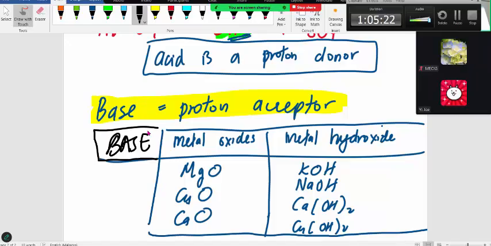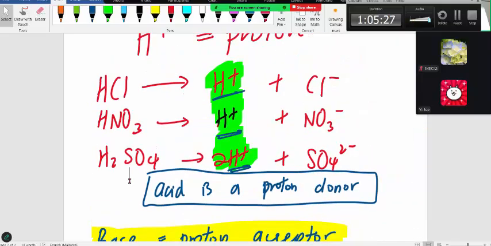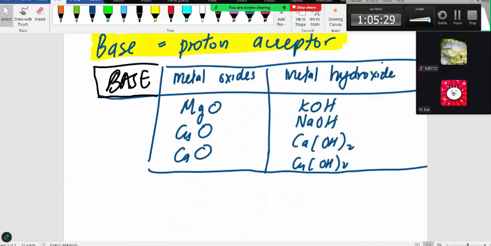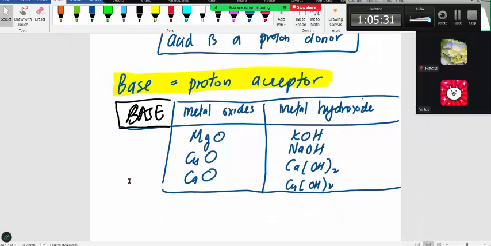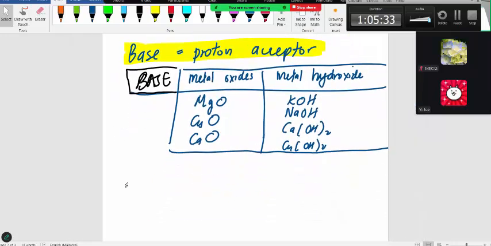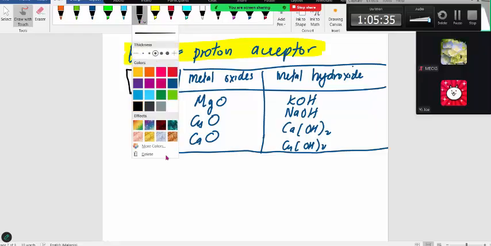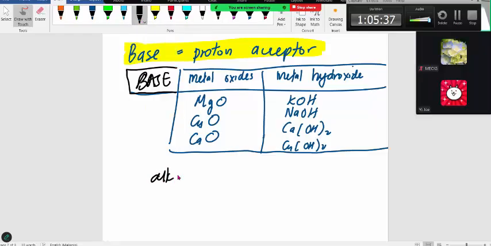Okay. Then Sheldon asked a very important question. What's an alkali? Alkali is a soluble base. The base that can dissolve in water.